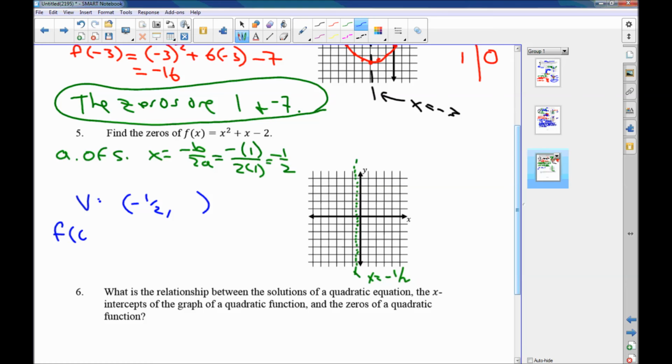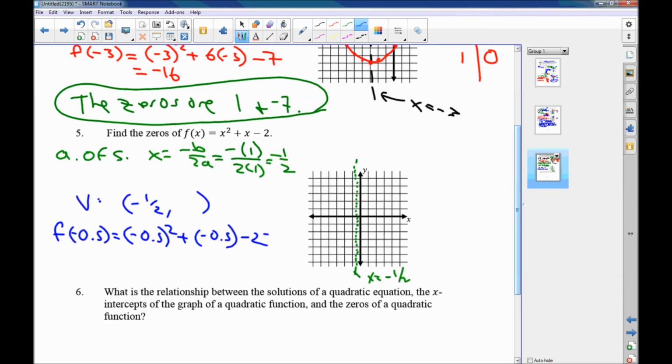So f of negative 0.5 is equal to negative 0.5 squared plus negative 0.5 minus 2. And I'm going to get the calculator for that. So negative 0.5 squared minus 0.5 minus 2 gives me negative 2.25.